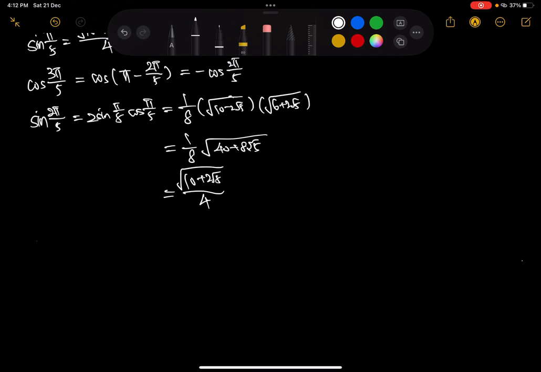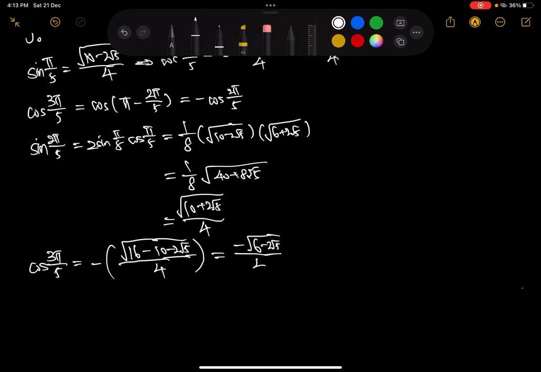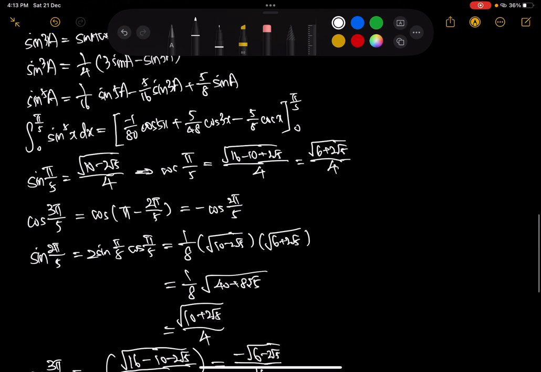So cosine 3 pi over 5 is equal to negative root of 16 minus 10 minus 2 root 5 over 4, which means this is negative root 6 minus 2 root 5 over 4. And now we have all the values required.